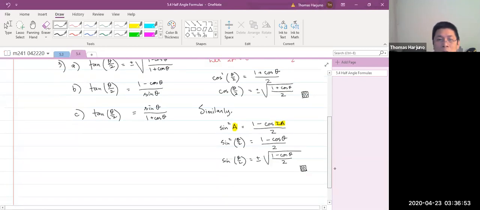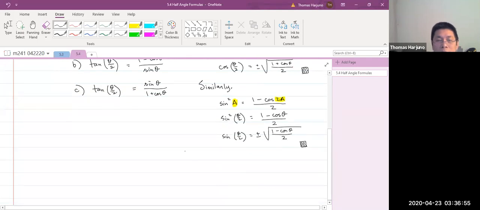Okay, for 3A, tangent theta over 2 is equal to, by definition, sine theta over 2 over cosine theta over 2.